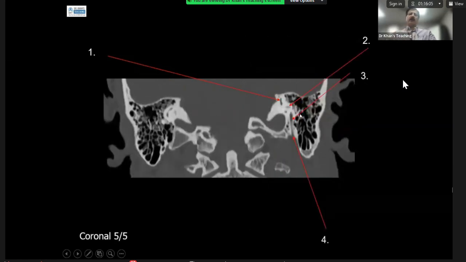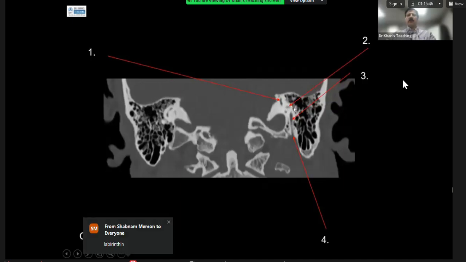Okay, last section, coronal. Number 1. Number 2, these are harsh because you just see them partially, but you can imagine something going superiorly, you can imagine something going laterally.